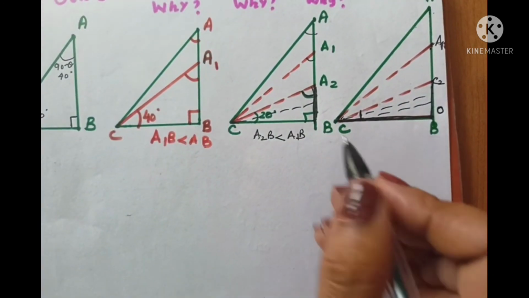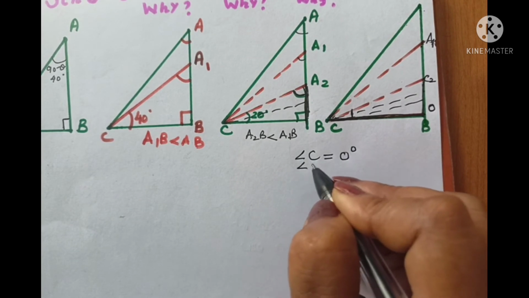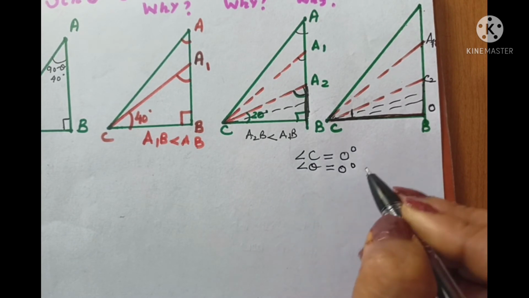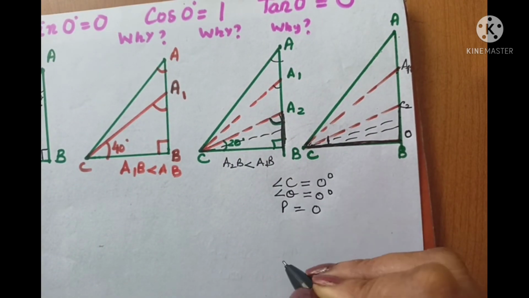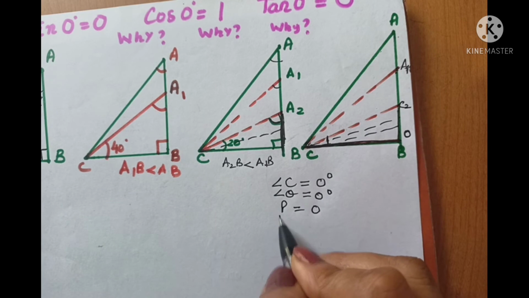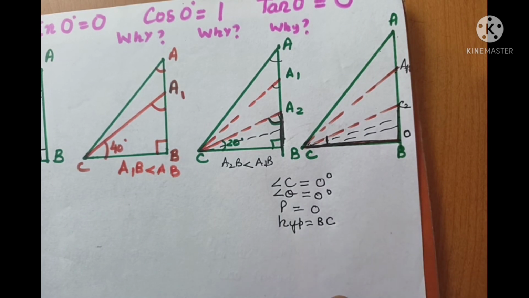Right? So ultimately when angle C tends to be 0 degree, that is angle theta tends to be 0 degree, my perpendicular becomes 0 and hypotenuse becomes equal to BC only. Okay?